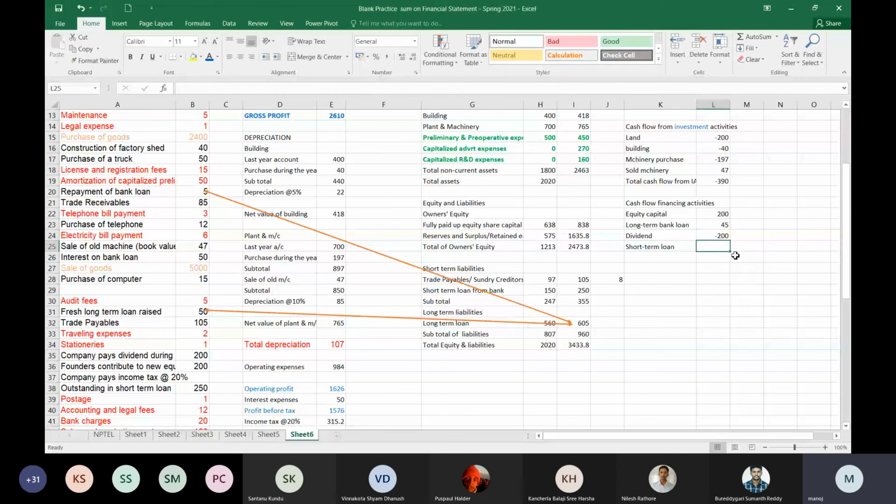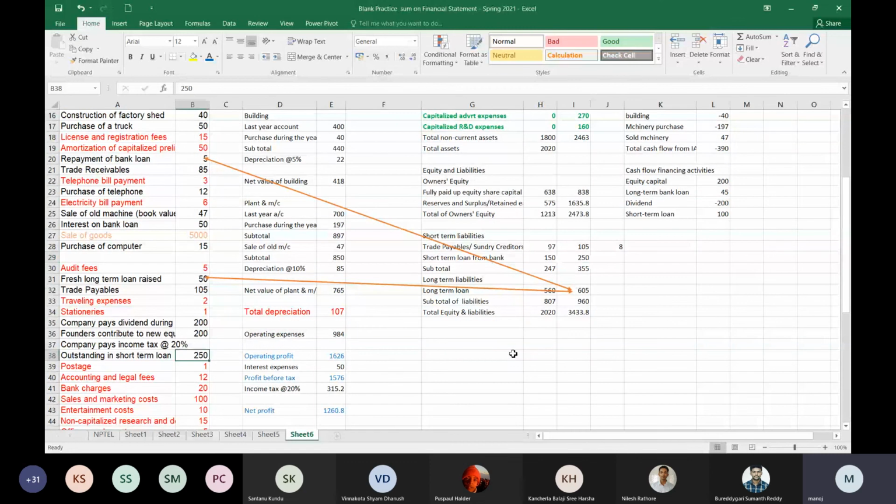Now, the short term loan, whatever is the difference in the outstanding balance, that comes here directly. Let us see. Short term bank loan is 250 now. It was 150 previously. So it has gone up. That means we have got some money from the bank. So it should be this minus this. So 100. Suppose for whatever reason this is not 250.